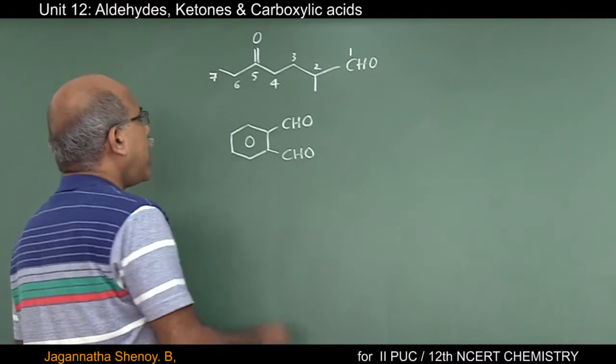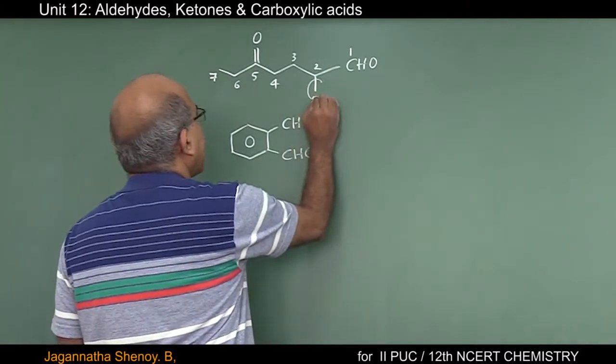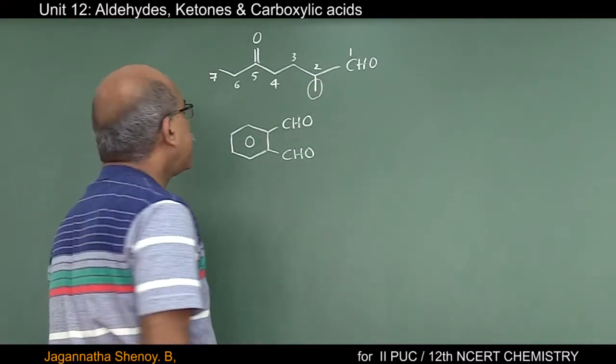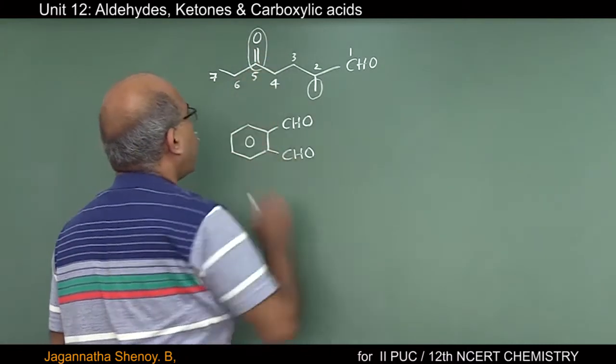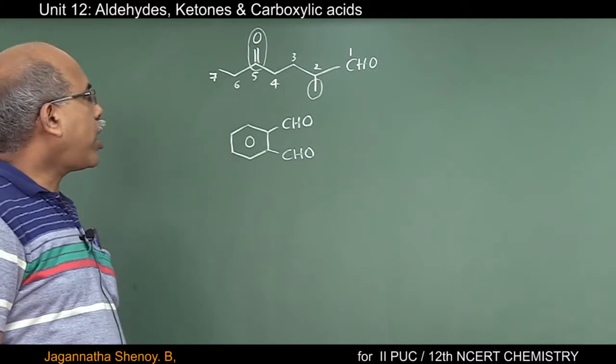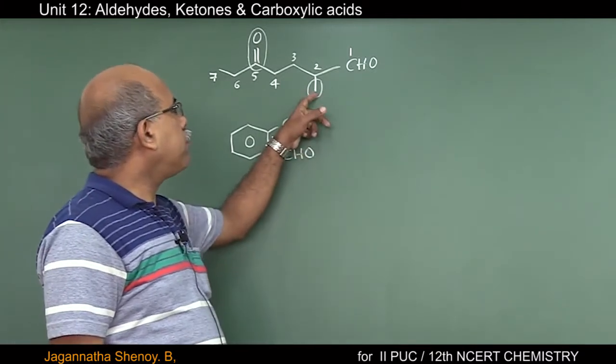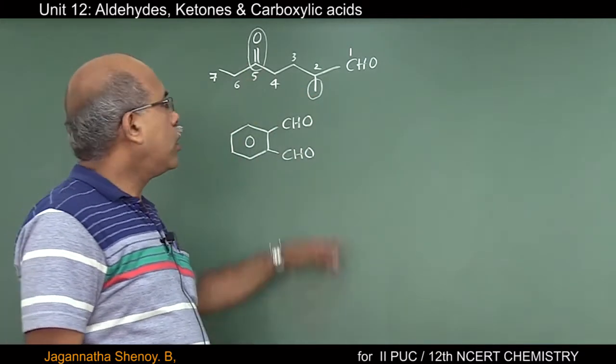Here you can make out that on the 2nd carbon atom we have a methyl group, and on the 5th carbon atom we have an oxo group. So what is the IUPAC name? Here you have methyl, here it is oxo.